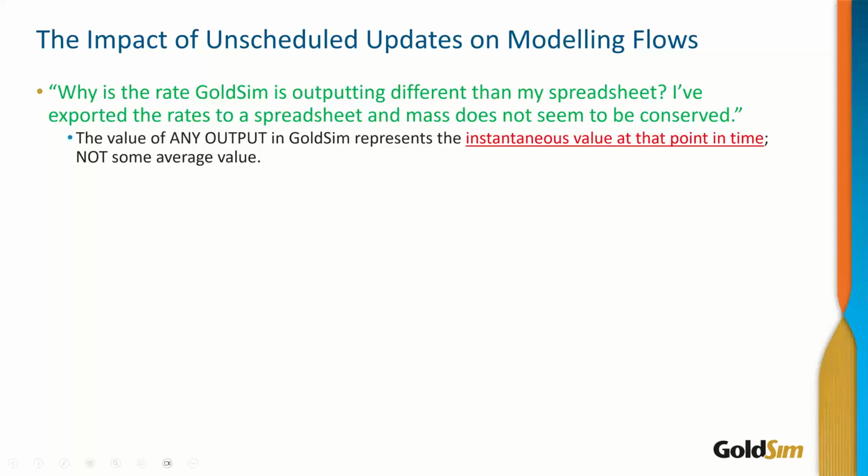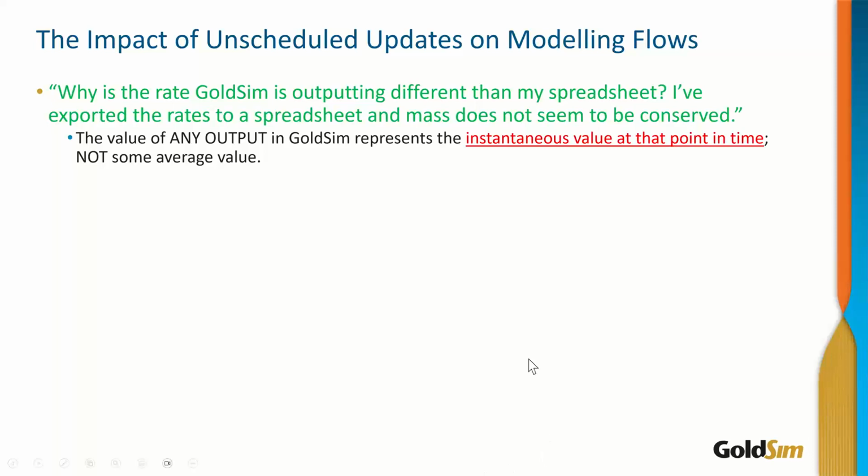The value of any output in a GoldSim model represents the instantaneous value at that point in time. It does not represent an average value. It's the overflow rate at 34 days. It doesn't mean it's the overflow rate between 33 and 34 days. It's an instantaneous value.